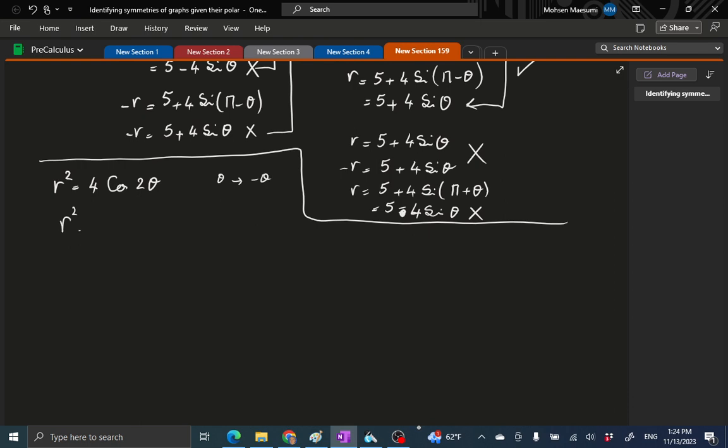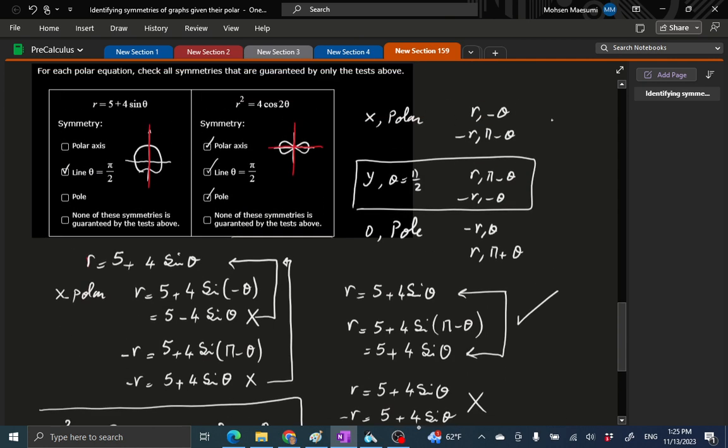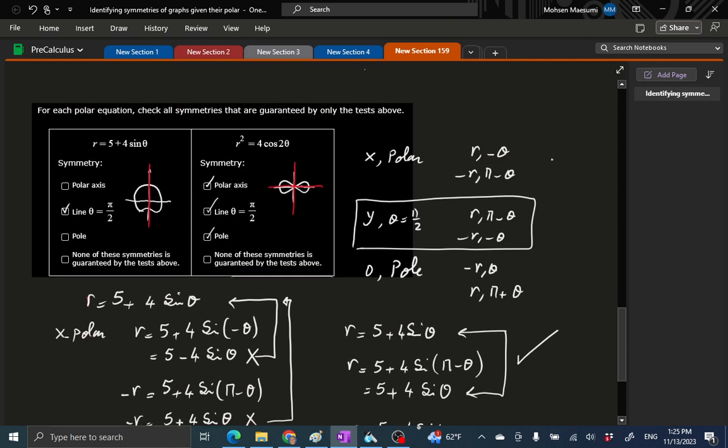So it becomes 4 cosine of 2 times minus theta. Well, you remember the negative angle identity: cosine of theta and cosine of minus theta are equal to each other. So this one already passed our test. We don't need to do another test. These are the same, and so we have symmetry with respect to the polar axis. That's why we checked it.